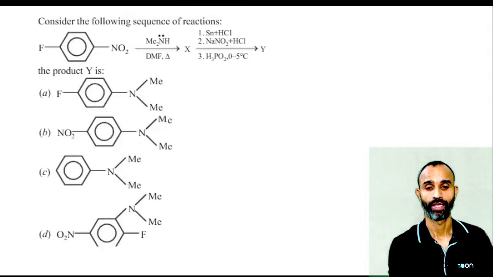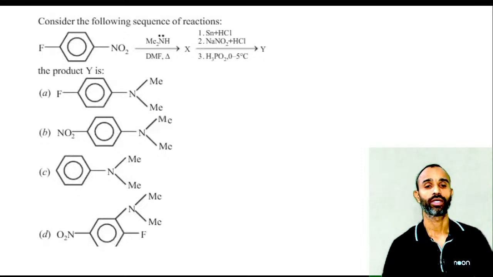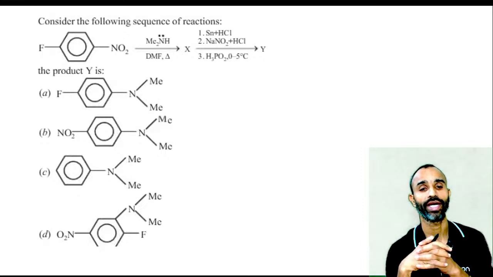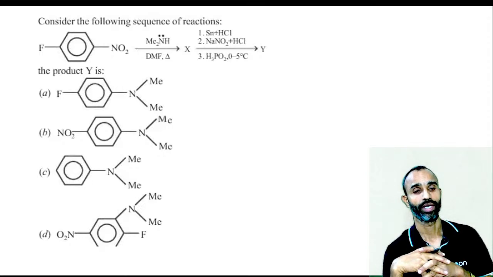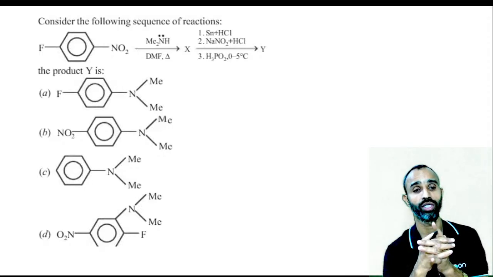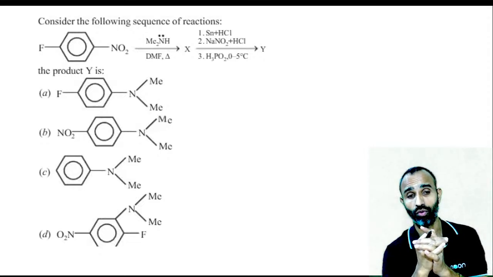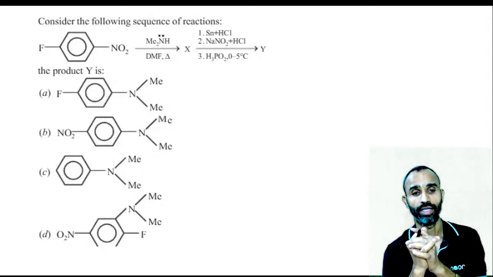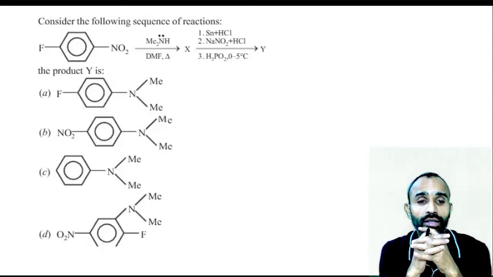Okay, so the first question is: consider the following reactions. That is, there is a sequence of reactions. First is para-fluoro-nitrobenzene. We first treat it with dimethylamine.